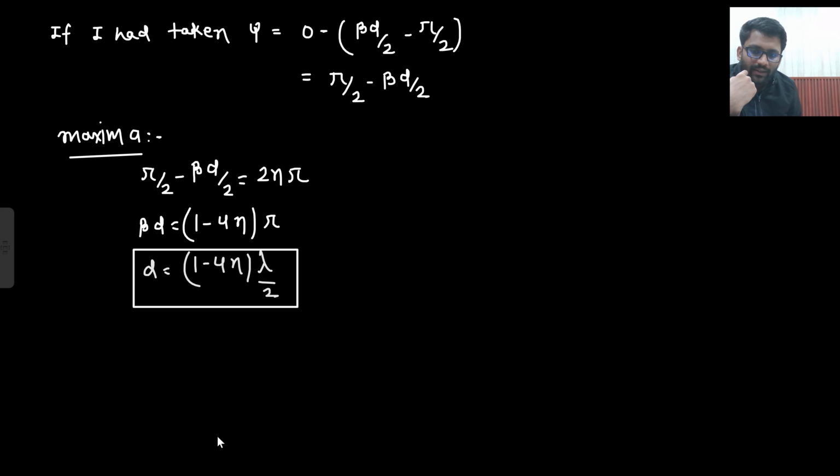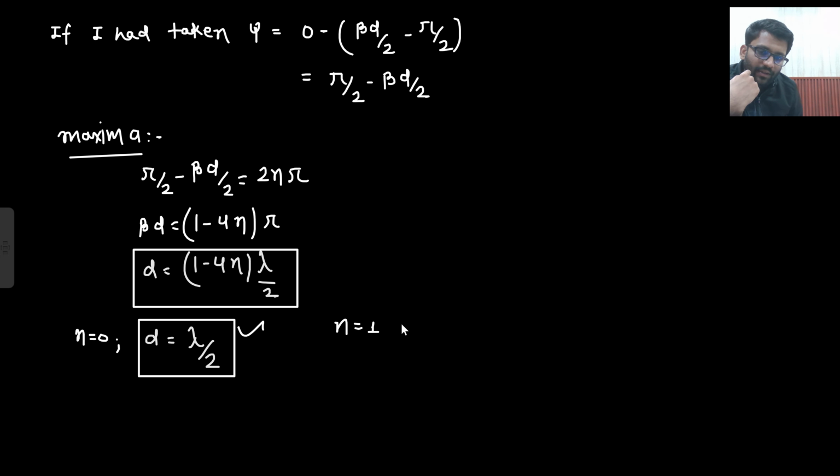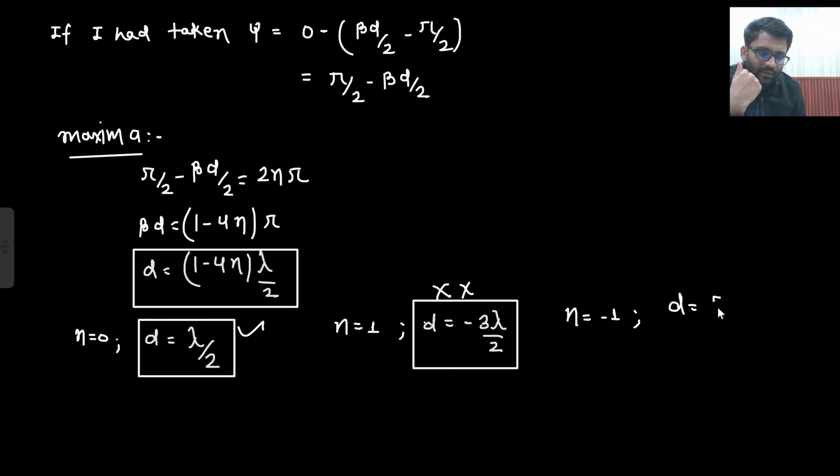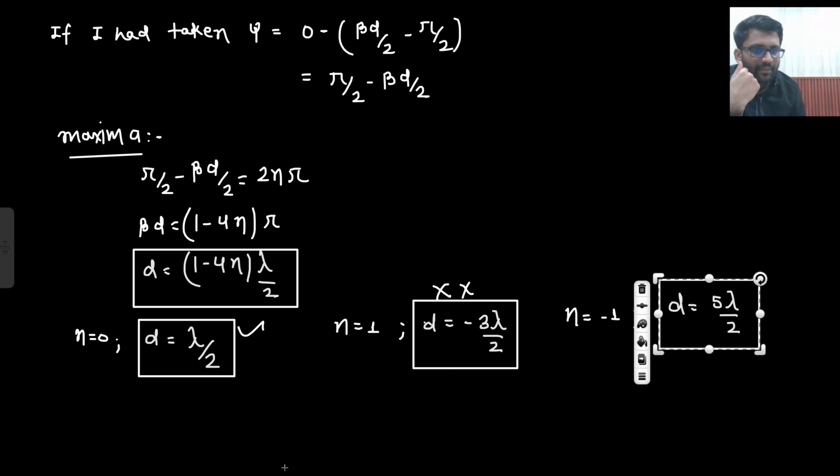Now if you see here, if you put n equals to 0, what is the value of d you are getting? Lambda by 2, which is acceptable. But if you put n equals to 1, what are you getting? D equals to minus 3 lambda by 2, which is not acceptable. If you put n equals to -1, then you are getting 5 lambda by 2, which is acceptable. So here also you are getting the same answer.